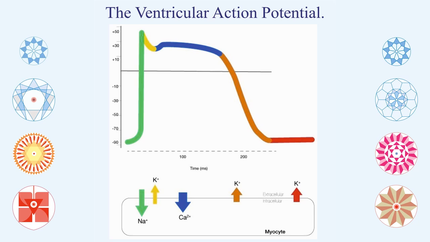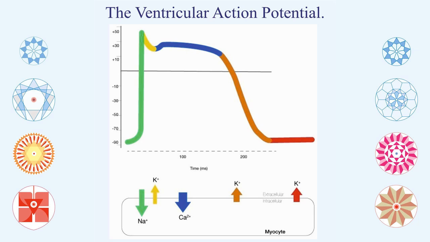Now coming to very precise points, the ventricular action potential I have shown in the picture in the first headline. You can see the green channels. That is the stage where sodium from the extracellular fluid is entering into the intracellular space. You can see the picture below.